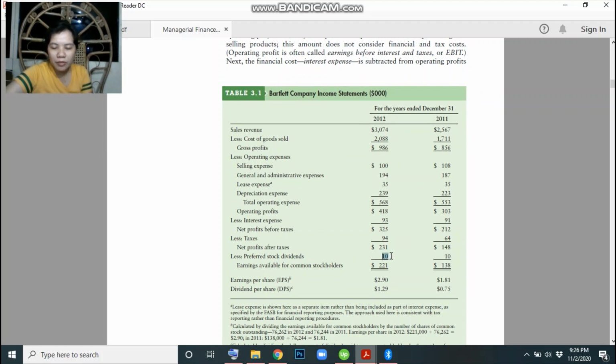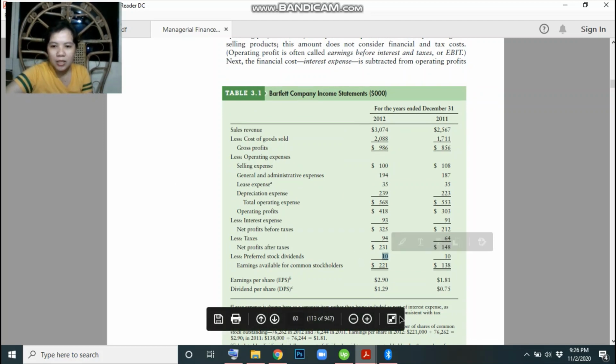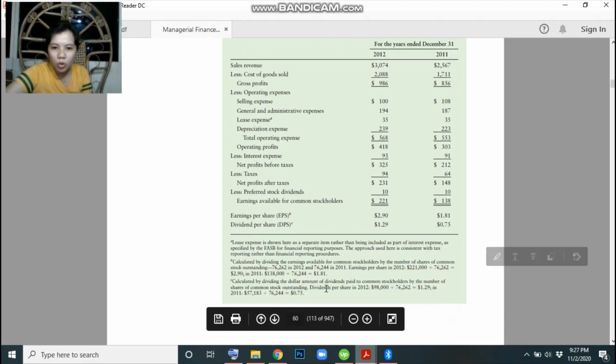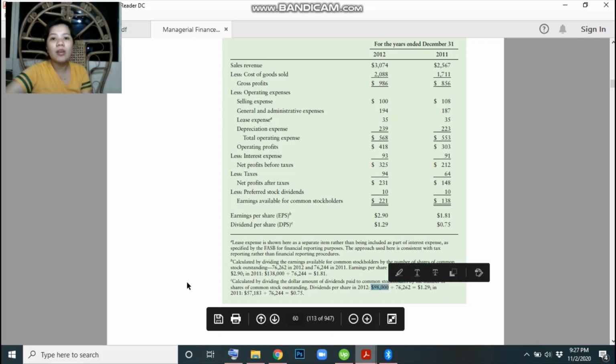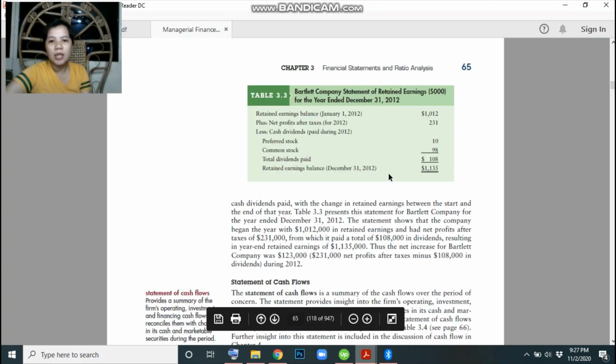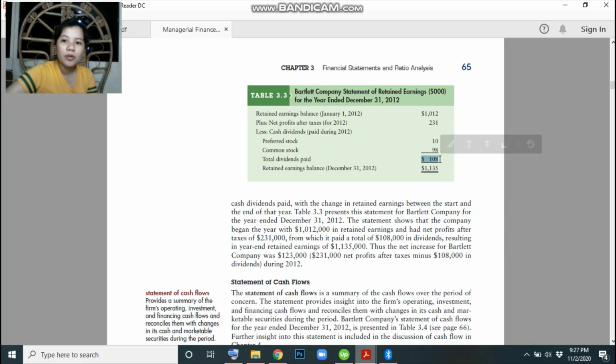The preferred stock dividends of $10,000 are in the income statement. The $98,000 common stock dividends are in the notes. So 98 plus 10, the total dividends paid by the company, is 108,000.